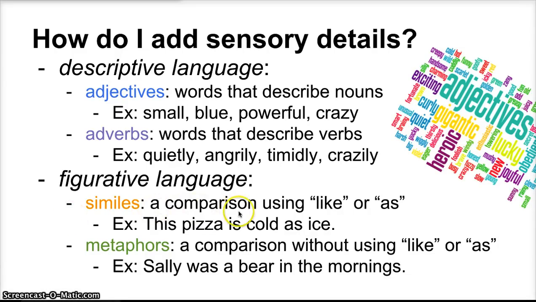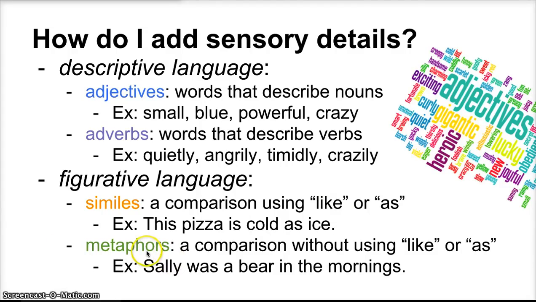A simile is a comparison using like or as. So for example, this pizza is as cold as ice. In this comparison, I'm comparing pizza and ice, and you get more description, more rich figurative language here than if I just said, oh, my pizza's cold.